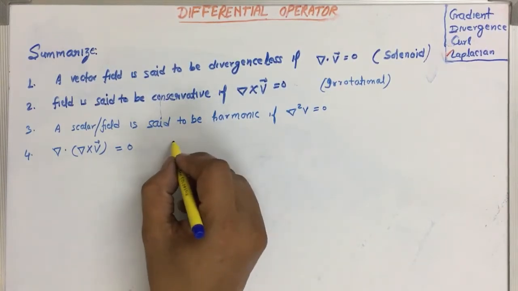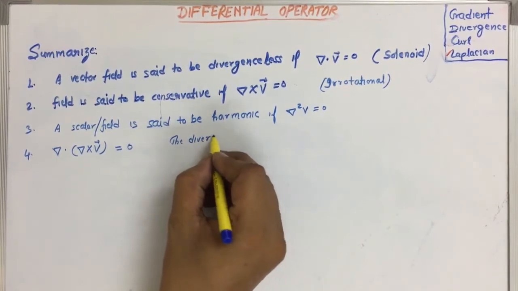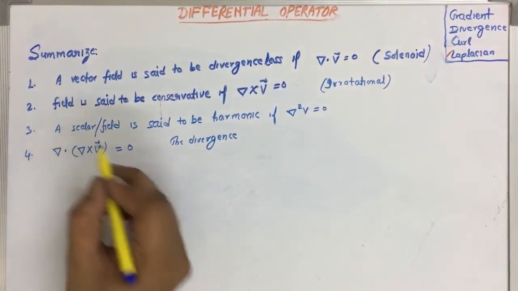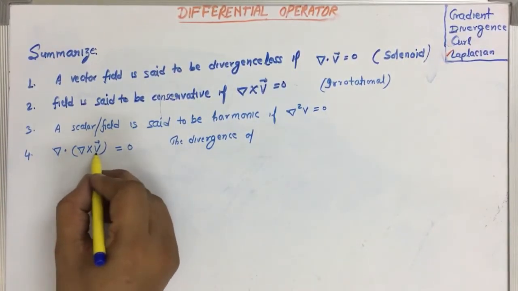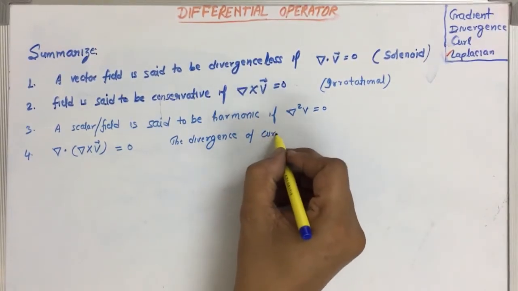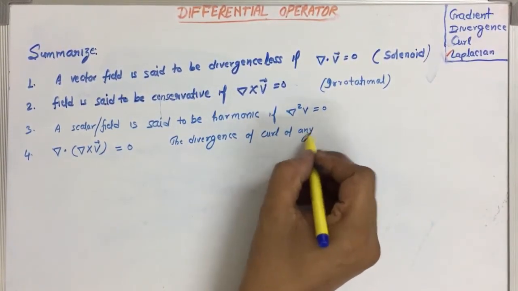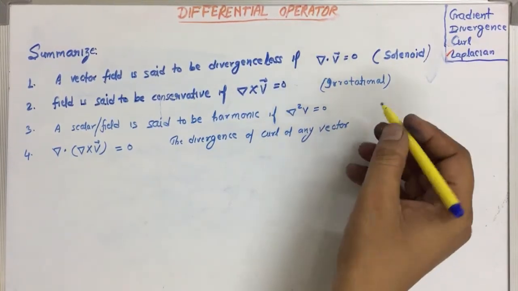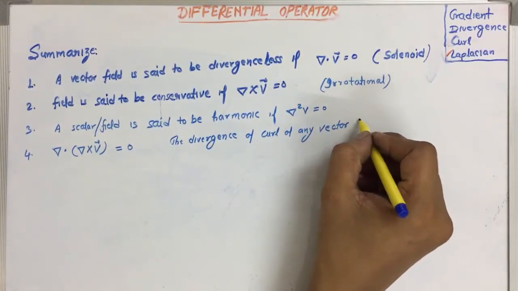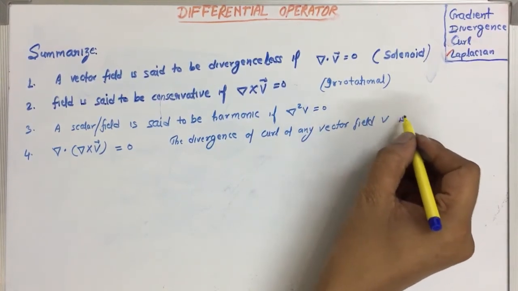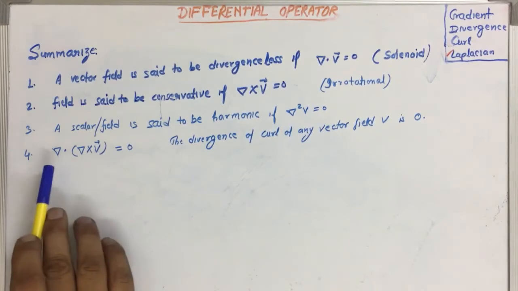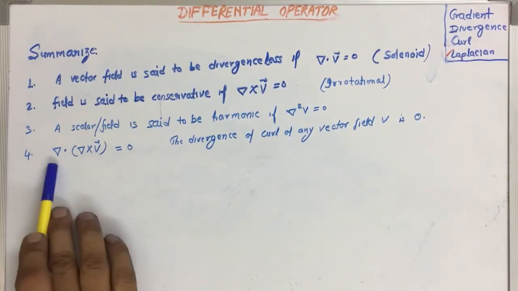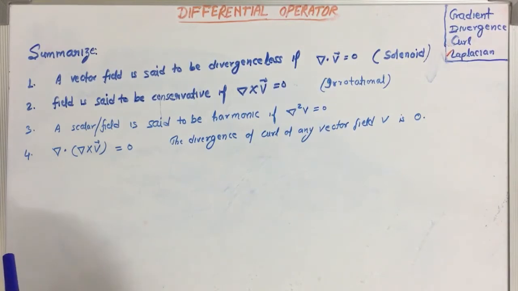So you can write the divergence of the curl of any vector field V is 0 always. So note it down. If it is asked directly in this way, you don't have to worry about it, memorize it, just put 0.